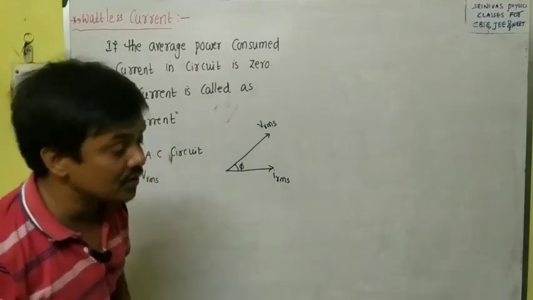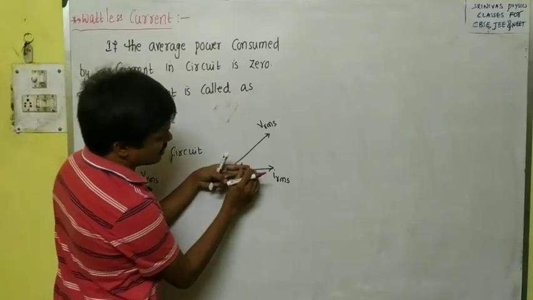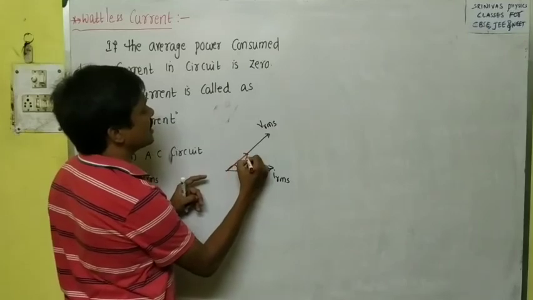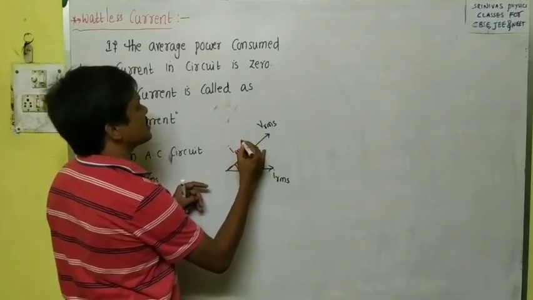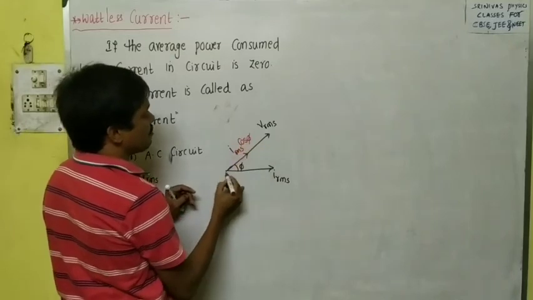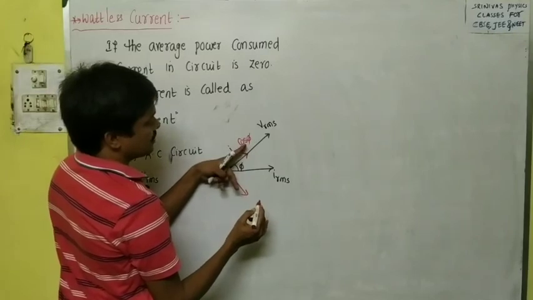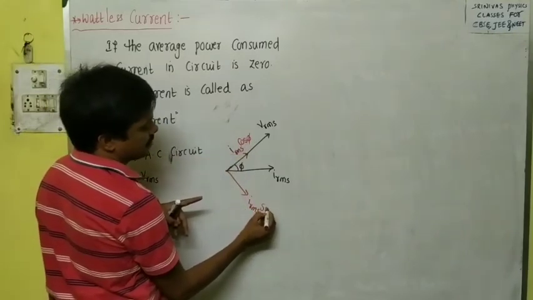I will split this IRMS into two rectangular components. One component is along the direction of the voltage, that is IRMS cos phi. The other component is perpendicular to the voltage, and this is IRMS sin phi.